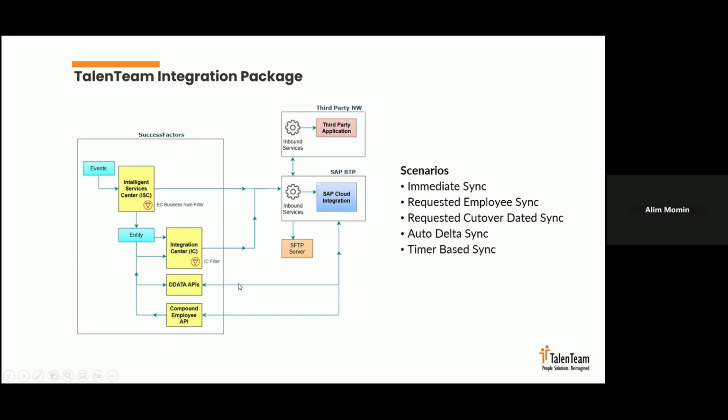Let's say once every 24 hours, it will execute on the scheduled time, fetch the employees modified, and then transfer it to the third party. That's why we call it auto delta sync, which will use a timer-based approach. So these are typical scenarios that are possible through one integration package. It depends on what scenarios customers are looking for, and they can enable those scenarios and start using them.